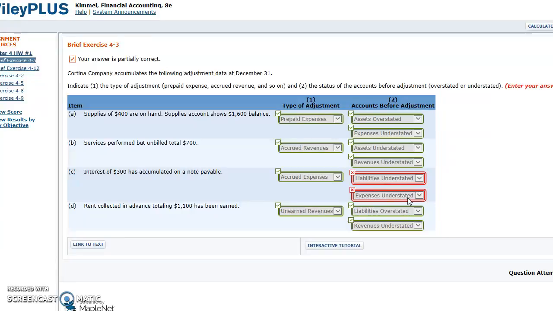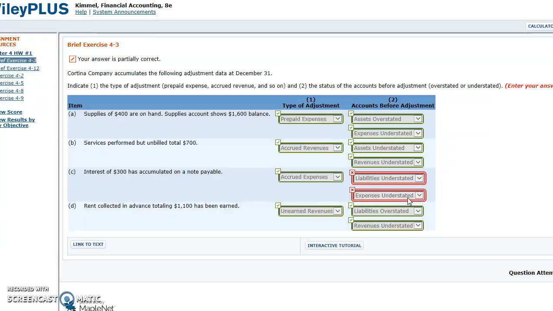For this one, they said Cortina Company accumulates the following adjustments at December 31. Indicate first the type of adjustment, prepaid expense, accrued revenue, and so on, and second, the status of the account before adjustment, overstated or understated.